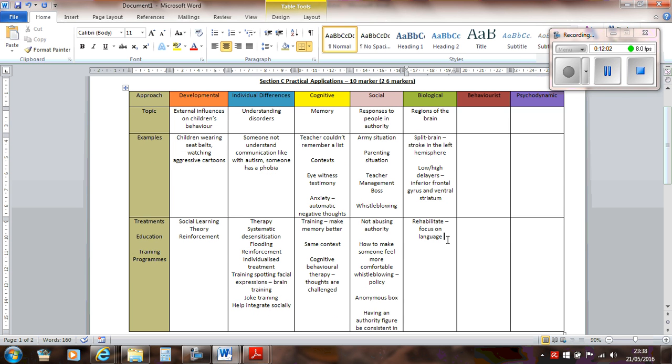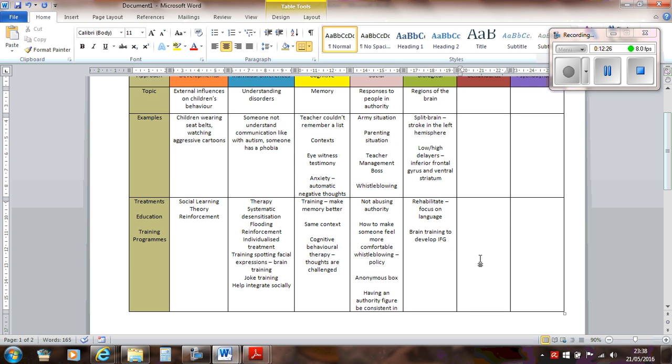So maybe things like brain training to develop those areas, or reduce the ventral striatum. So you need brain training to develop the inferior frontal gyrus, because that's the one that's in control and you've been more successful and stuff.